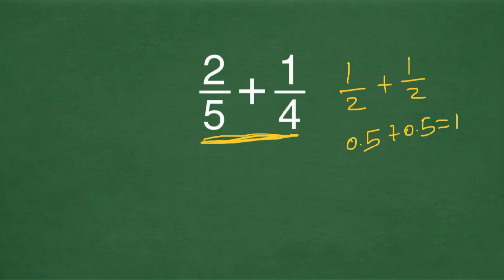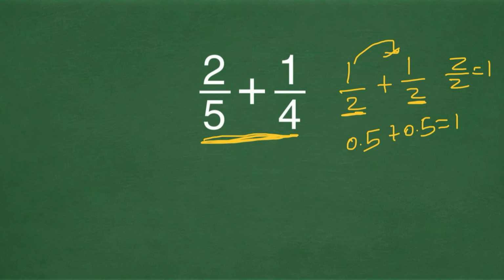So if we have 1/2 plus 1/2, that essentially means 1 plus 1 on top and 2 on the bottom, which gives us 2/2, which equals 1. So that is the logic. If we have a common denominator, we simply add the top numbers and get the answer. So that is fractions in a nutshell.